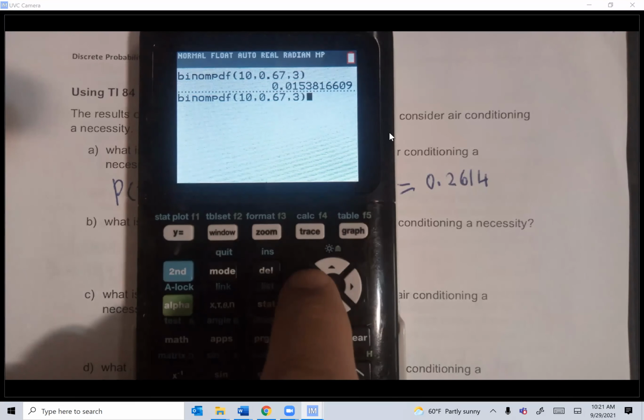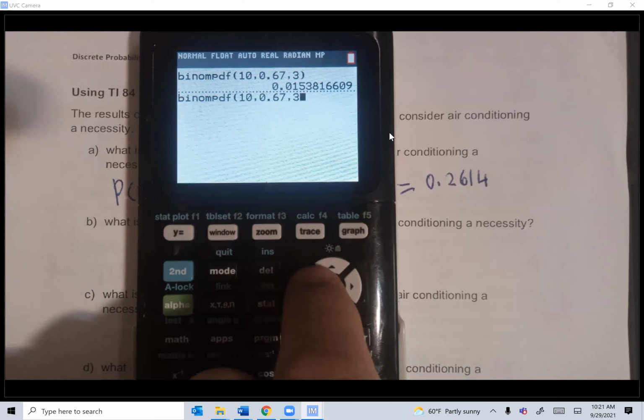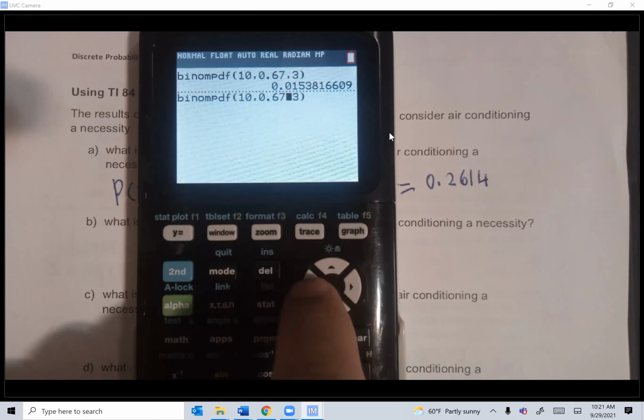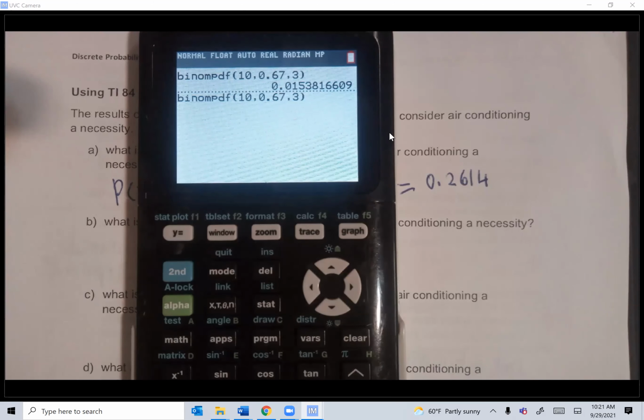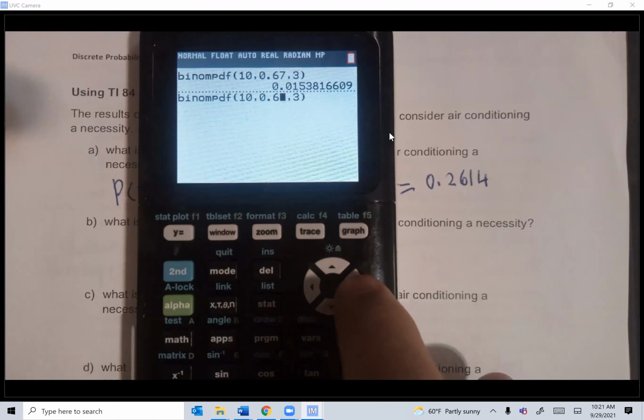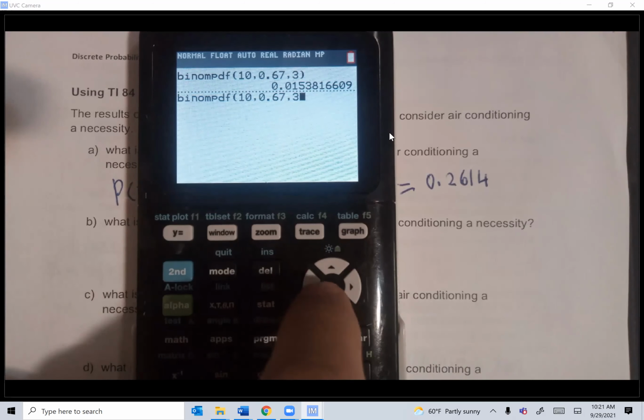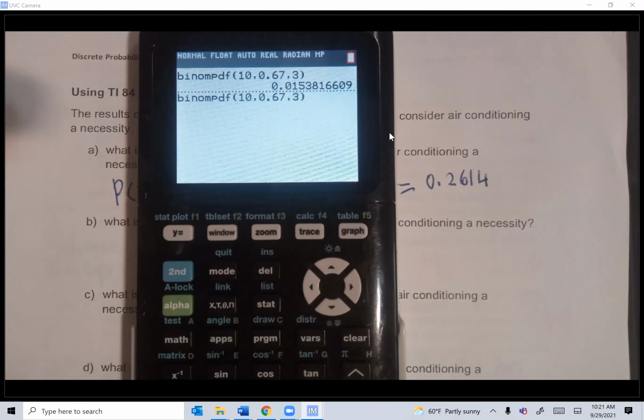So can someone tell me what do I need to change here? You agree with me that I need to replace the 3 with 10.